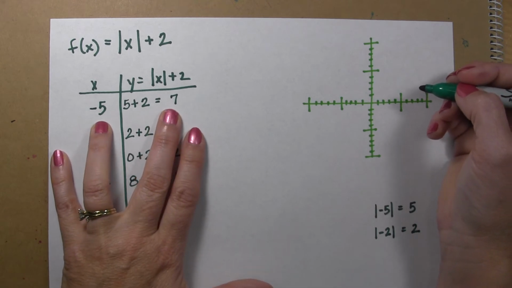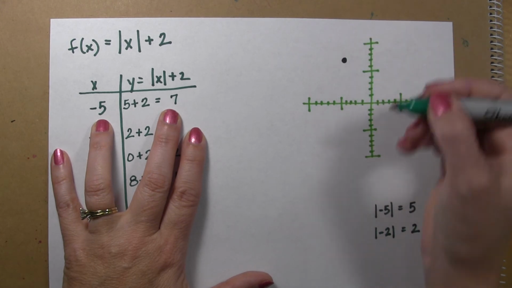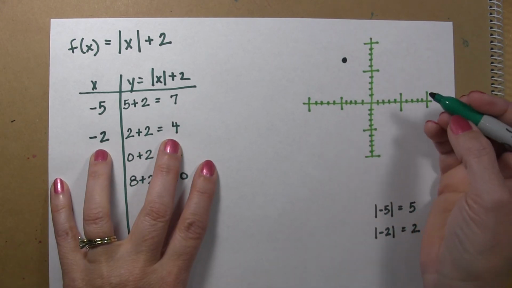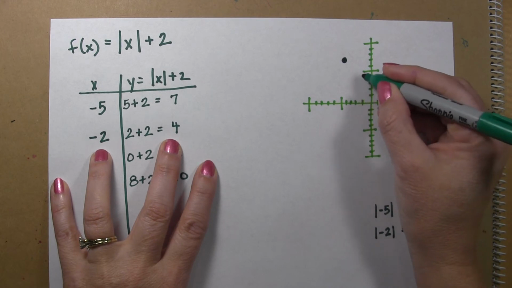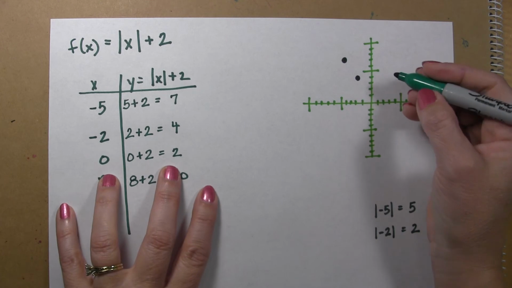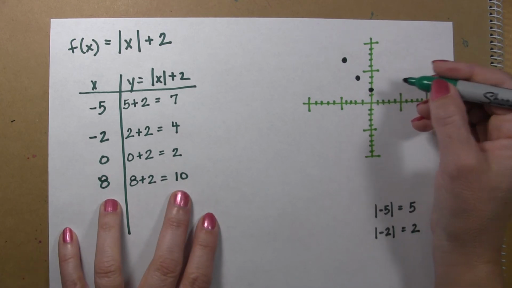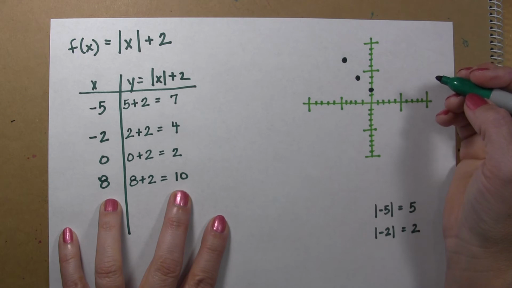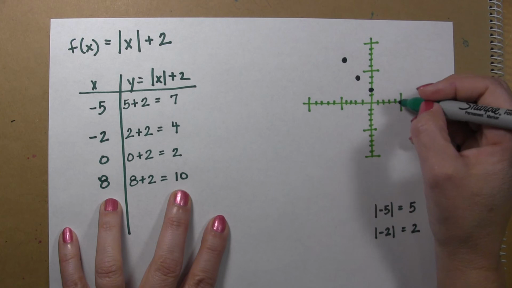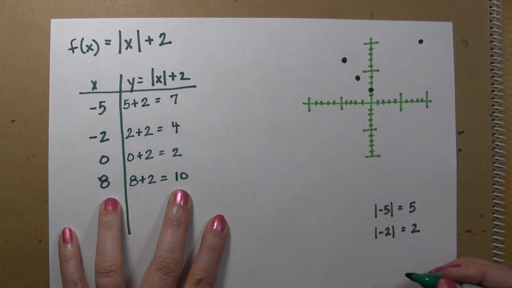All right, so -5, 7 is right here. -2, 4 is right there. 0, 2 is right here. And 8, 10 is right here. Oh my goodness, what is going on?